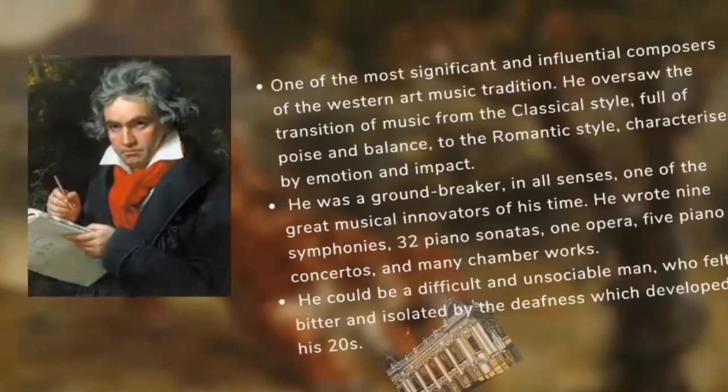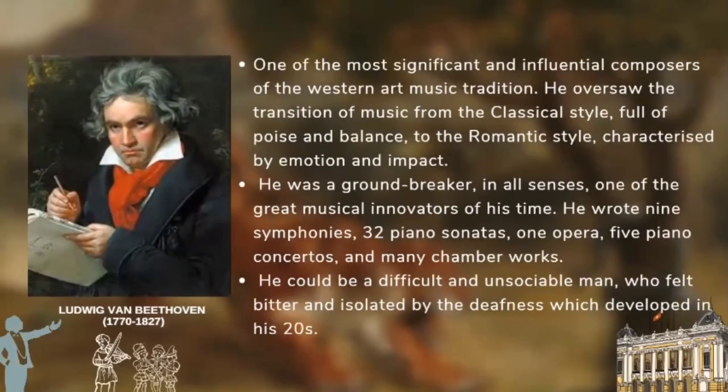Next artist will be Ludwig van Beethoven, 1770 to 1827. One of the most significant and influential composers of the Western art music tradition. He oversaw the transition of music from the classical style full of poise and balance to the romantic style, characterized by emotion and impact.